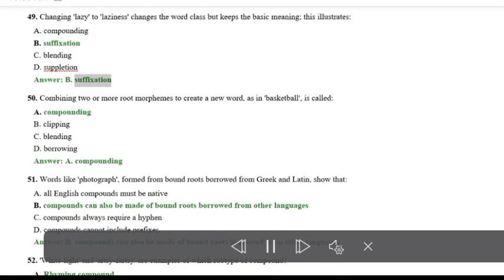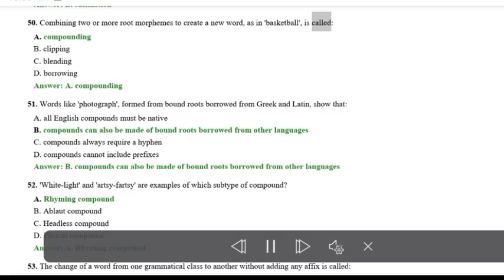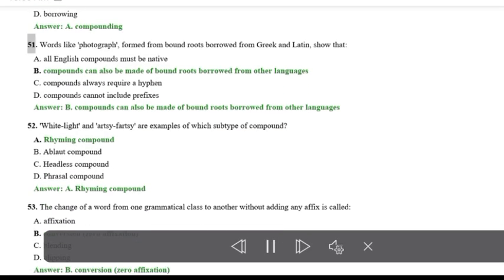Answer: B. Suffixation. 50. Combining two or more root morphemes to create a new word, as in basketball, is called A. Compounding. B. Clipping. C. Blending. D. Borrowing. Answer: A. Compounding. 51. Words like photograph, formed from bound roots borrowed from Greek and Latin, show that A. All English compounds must be native.